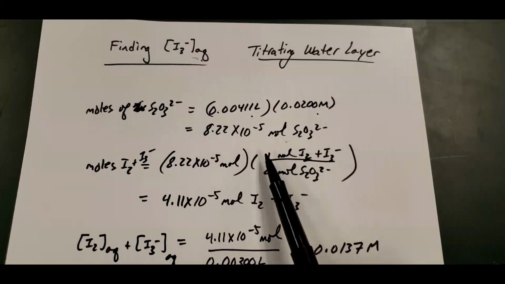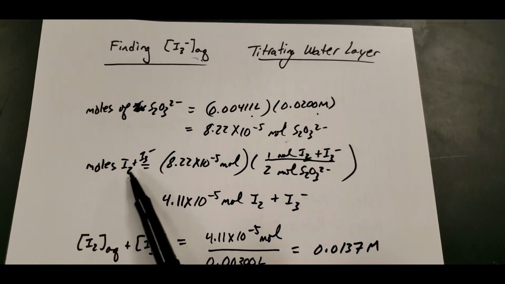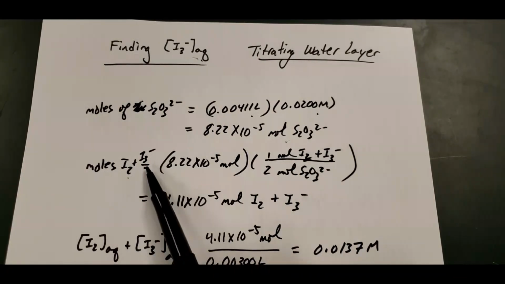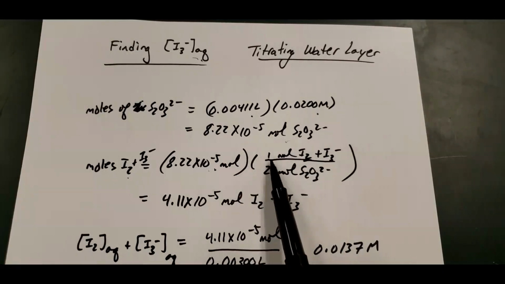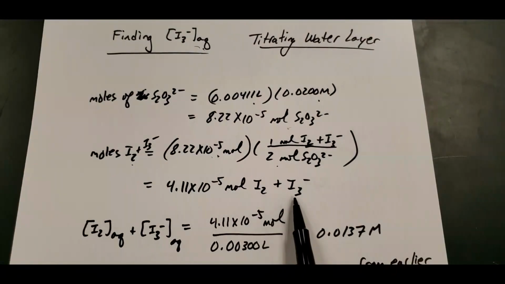The difference in the water layer is that both iodine and I3 minus are present, so we find the moles of both together. That's equal to the moles of thiosulfate divided by 2, which gives us the moles of not only the iodine but the triiodide. Both are together, and we don't know how much of each there is. We'll figure that out in a moment.